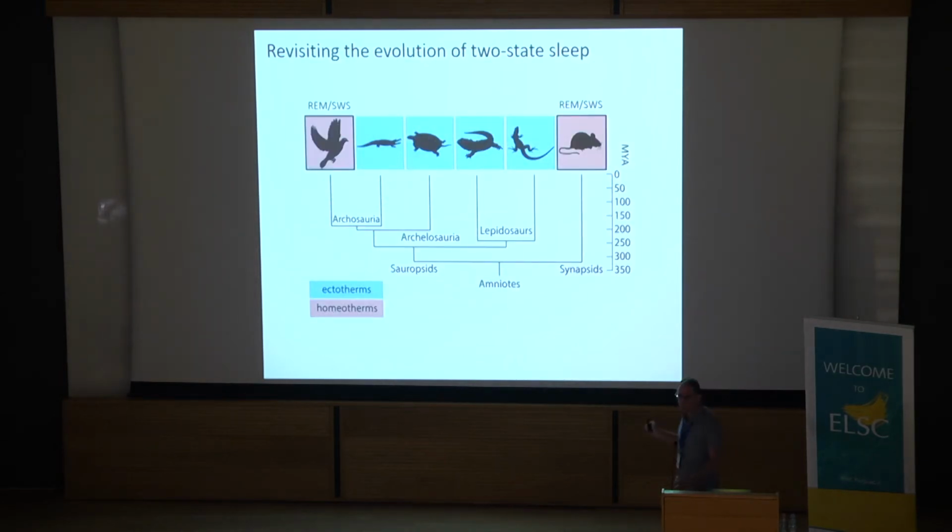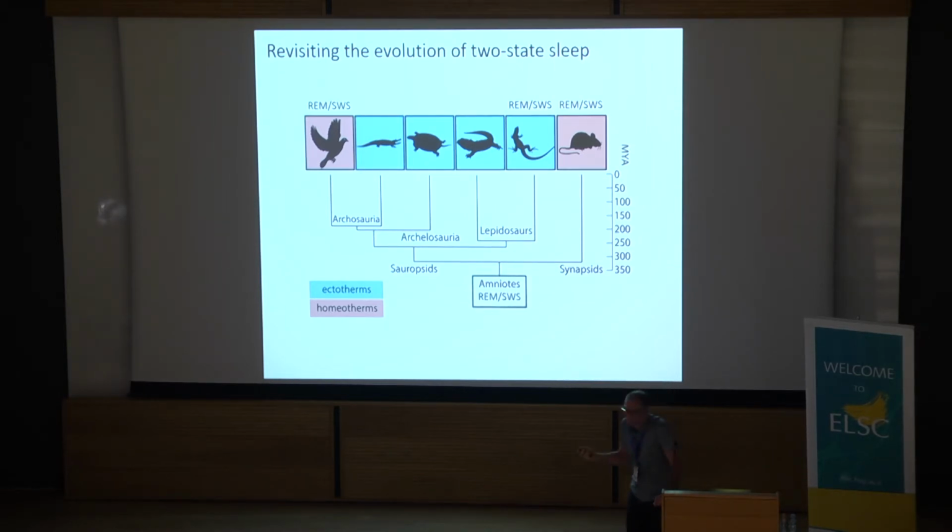Okay, so just to conclude this part, what I've shown you is that we find clear evidence of two states during sleep of bearded dragons, of a specific lizard, which makes it more plausible to us that the common ancestor of birds, reptiles, and mammals already had some basic signature of two states of sleep.